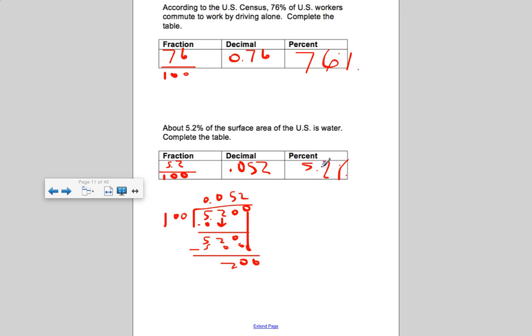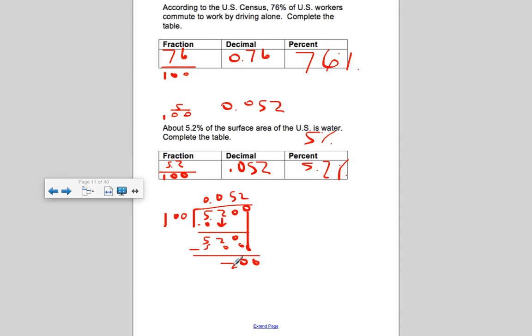If I estimated 5 and 2/10 as 5%, that would be 5 hundredths. And how would you write 5 hundredths as a decimal? 0 and 5 hundredths. So 5 and 2/10 is just a tad bit, 2/10, more than 5%. So many ways to do it.